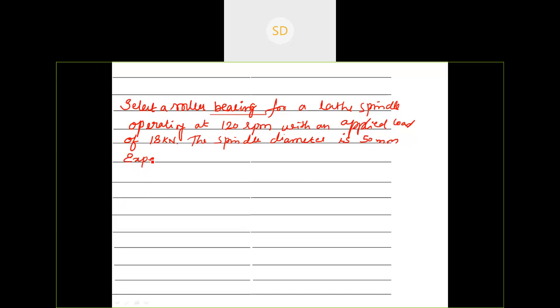Now you find the value of C. C equal to P times Ln to the power of 3 by 10. Substitute the value of P, and Ln you have calculated as 72 millions of revolutions.